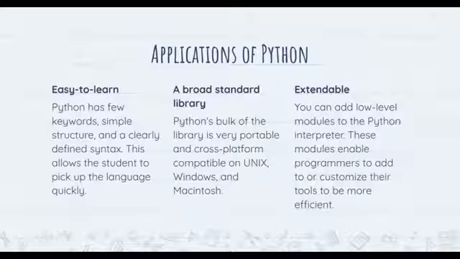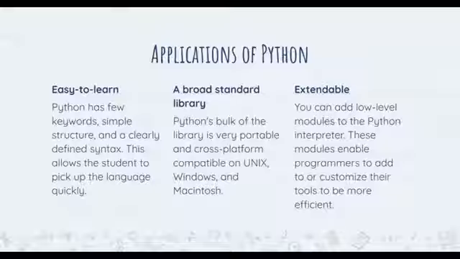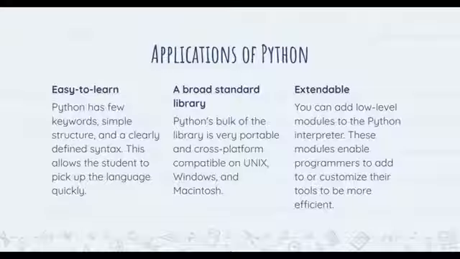Not only are these three the applications that I would like to tell you about, but there are a few more which I can talk about, such as portable. Python can run on a wide variety of hardware platforms and has the same interface on all platforms. And GUI programming. Python supports GUI applications that can be created and ported to many system calls, libraries, and Windows systems such as Windows MFC, Macintosh, and the X Windows system of Unix.